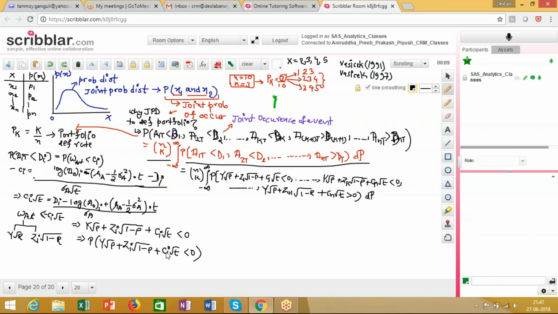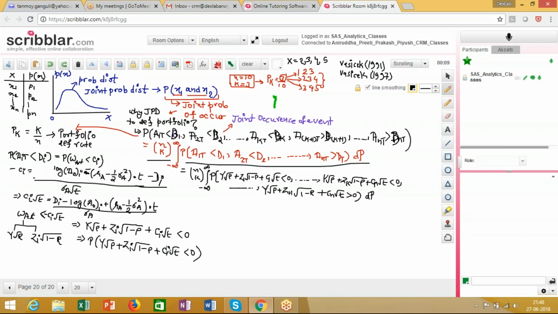And over here, ci root t shows the behavioral factors: the initial amount of the asset, the loan amount that has been taken, the growth rate, the fluctuation in the behavior. So the overall risk assessment of a borrower is done in terms of these three characteristics.